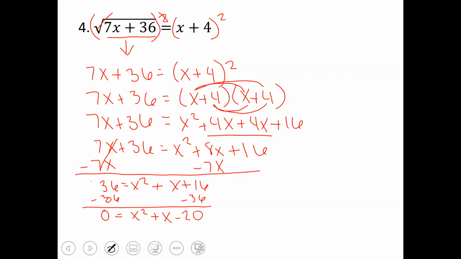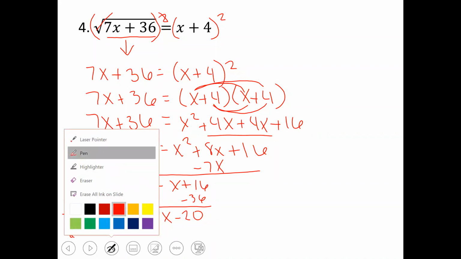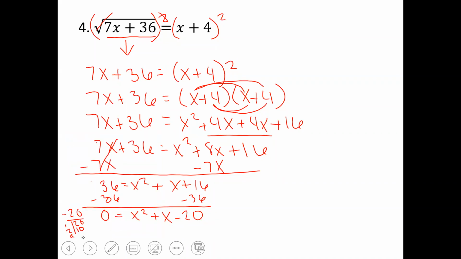All right, we still got to get an answer for x. I told you this is the longer way. So T-chart that negative 20. We got to get parentheses and solve for x. 1 and 20, 2 and 10, 4 and 5. They multiply to a negative, but add to a positive.